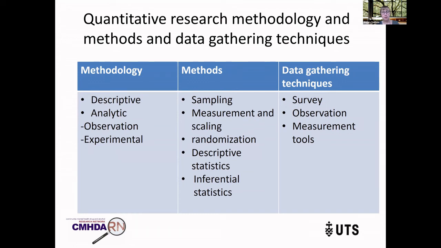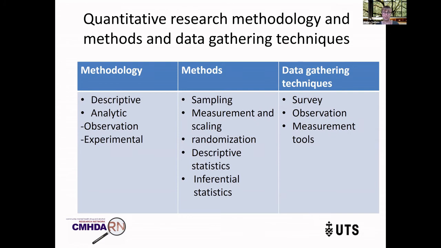We want to develop measures of generalization about larger groups, and we might make predictions and undertake modeling so we could see into the future. We're concerned about sampling here, various measurements, scale, randomization. Those are all really important things to be aware of when we're doing quantitative research. And as I already mentioned, some of the tools for gathering data.